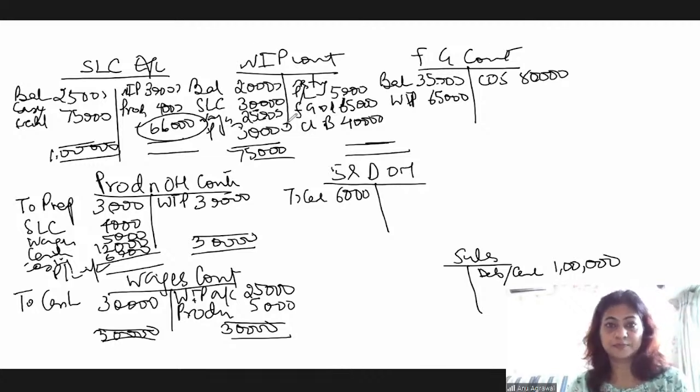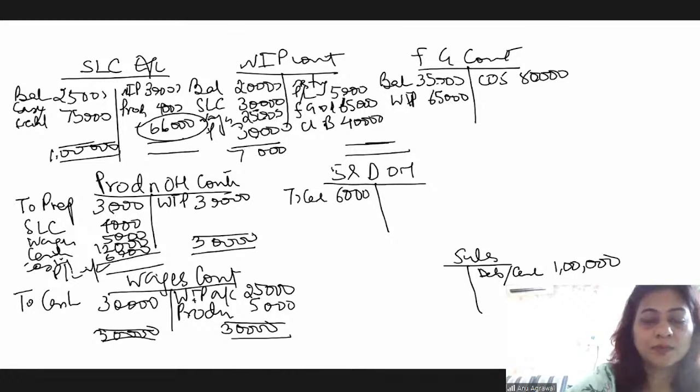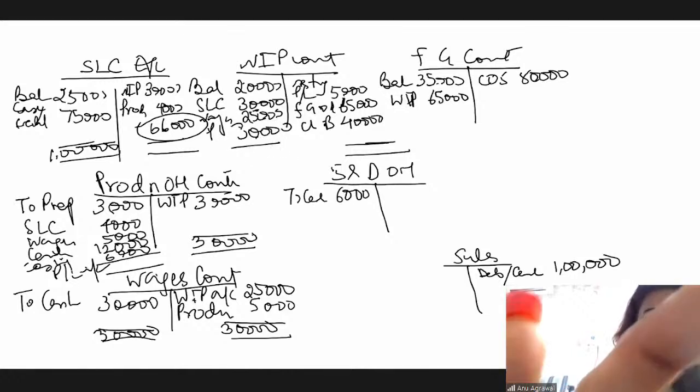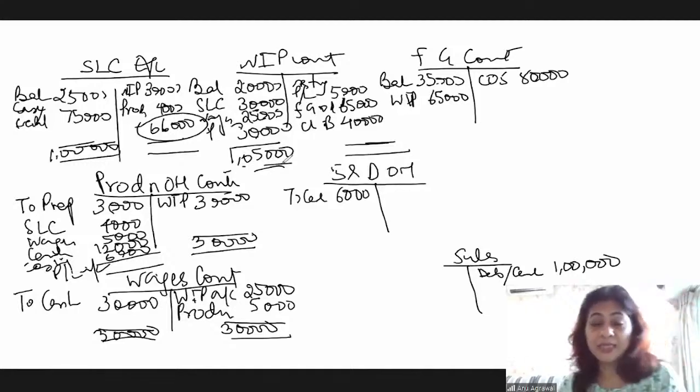So 20,000 plus 30,000 plus 25,000 plus 30,000. The balance is 1,05,000.